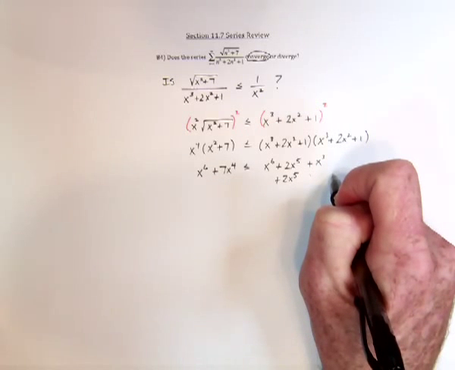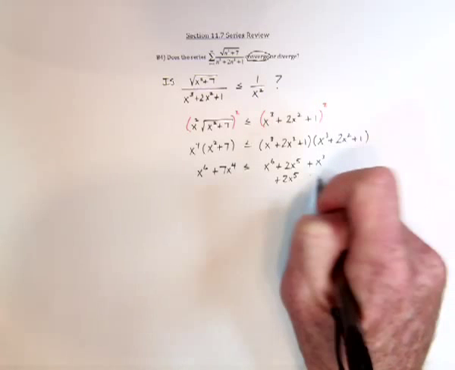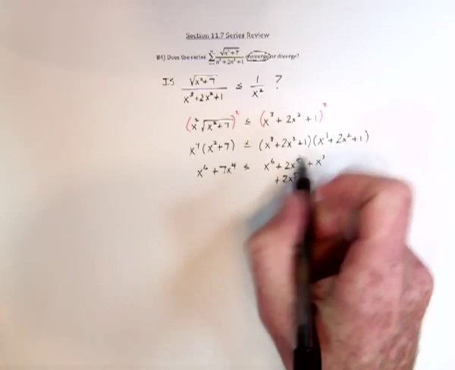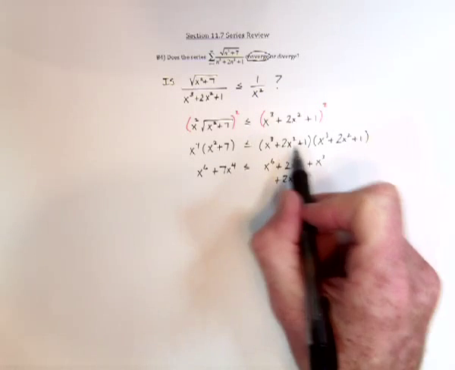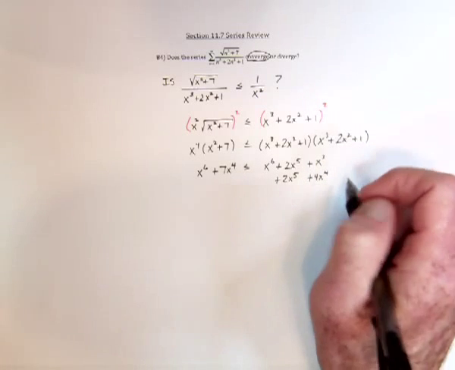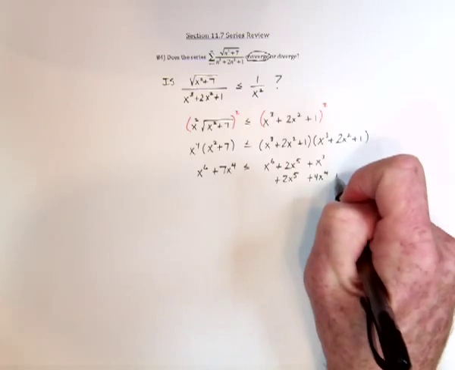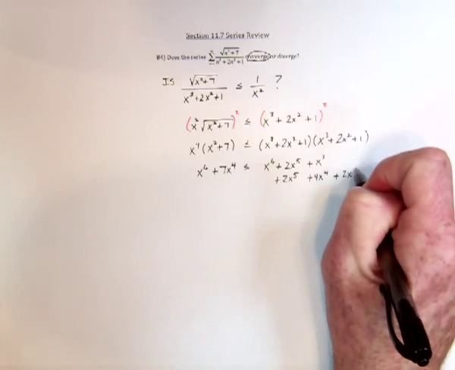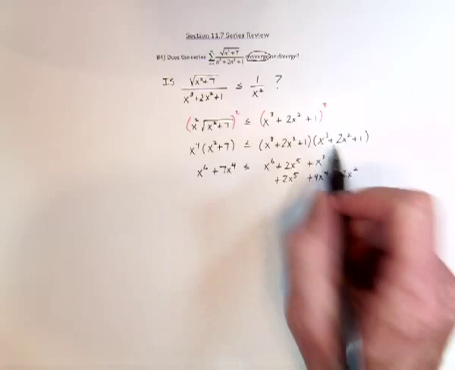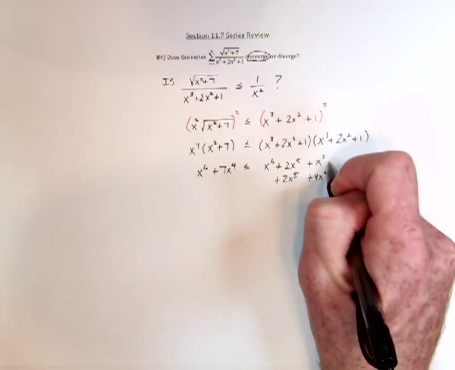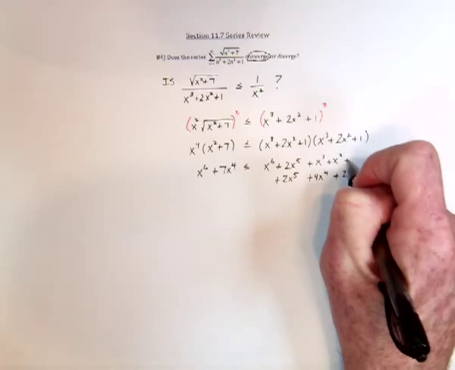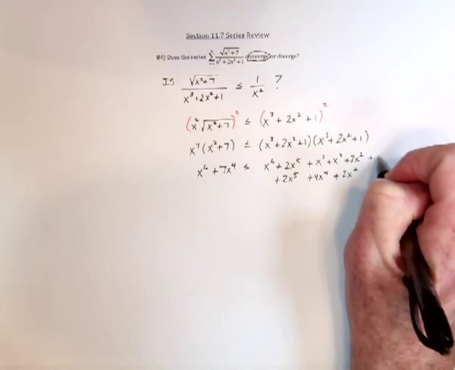You've got this one times the middle, so 4x to the 4th. And this one times the last is 2x squared. And then for the last one, it's going to be 1 times all of this, so there's going to be an x to the 3rd, 2x squared and 1 times 1.